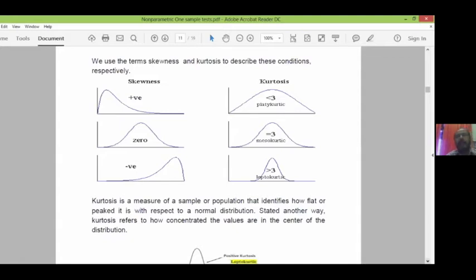So we have to try to check the data condition, whether it's symmetric or asymmetric. These are some of the conditions: skewness positive, zero, negative, and kurtosis platykurtic, mesokurtic and leptokurtic.